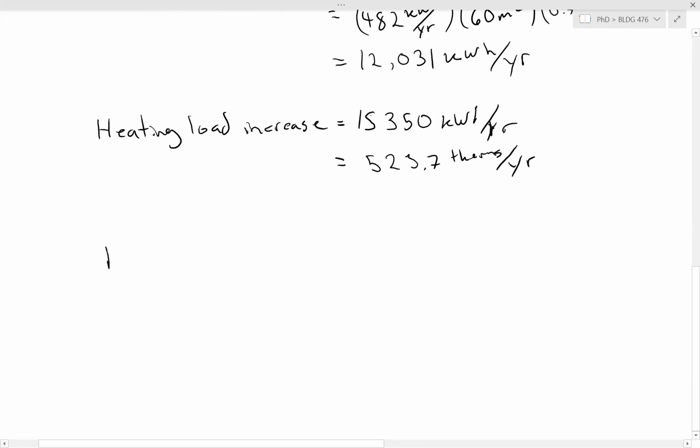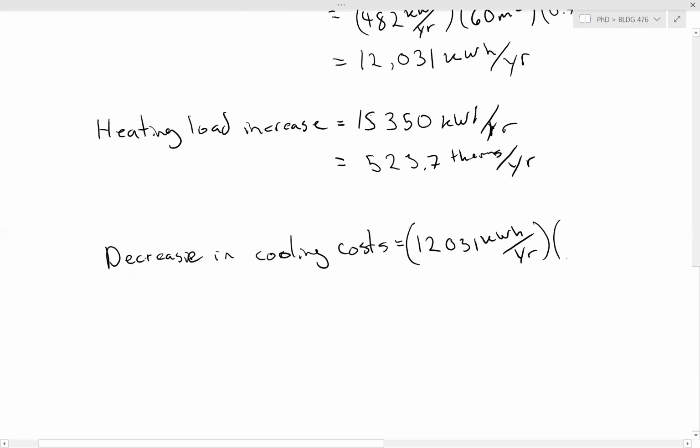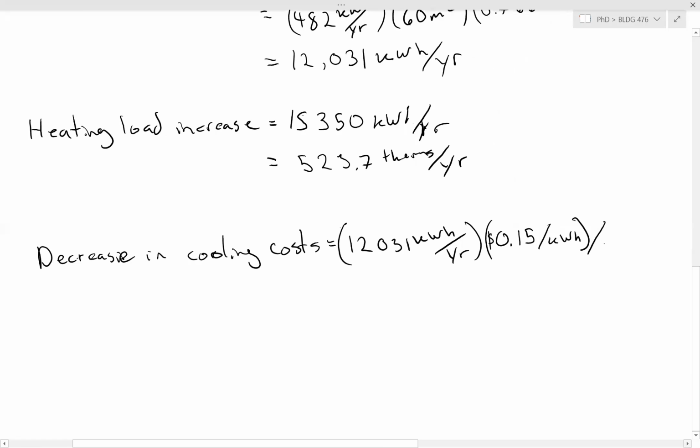Okay, so our decrease in cooling costs is that 12,000 kilowatt hours times our electricity price, and then we divide it by the coefficient of performance of our cooling system, which gives $564 per year.